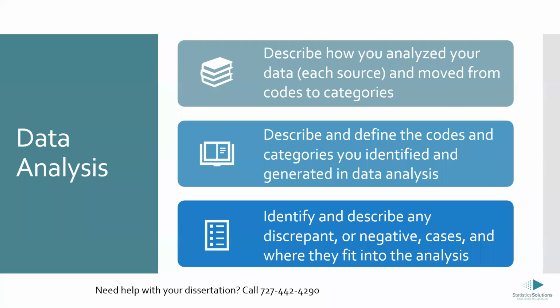Or if you're doing phenomenological analysis, how did you arrive at the essence of the experience and the phenomenon? You'll describe and define the codes and the categories you identified as you generated the data analysis, and you'll identify and describe any discrepant or negative cases and where they fit in.